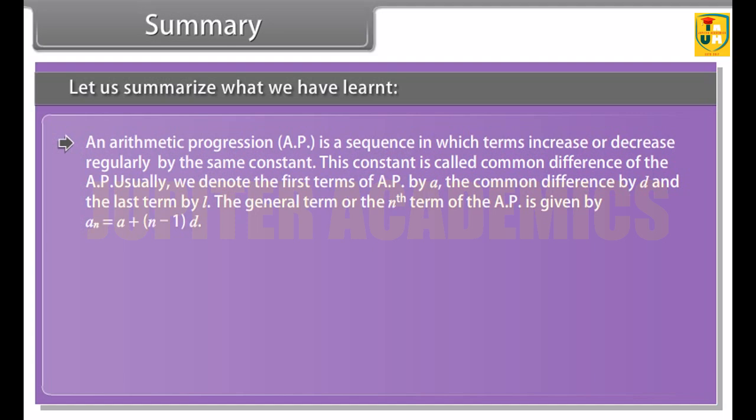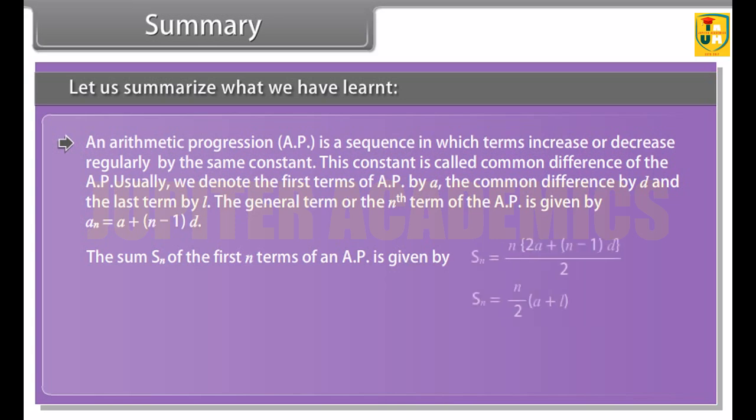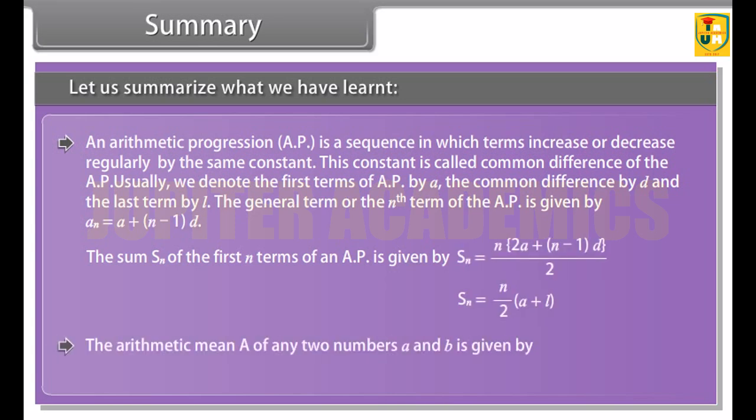Usually we denote the first term of an AP by A, the common difference by D and the last term by L. The general term or the nth term of the AP is given by the formula, and the sum Sn of the first n terms of an AP is given by its formula. The arithmetic mean capital A of any two numbers A and B is given by this. That is, the sequence A, capital A, B is an AP.